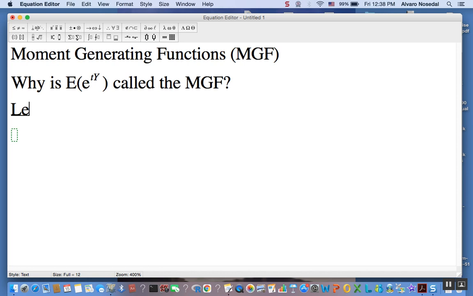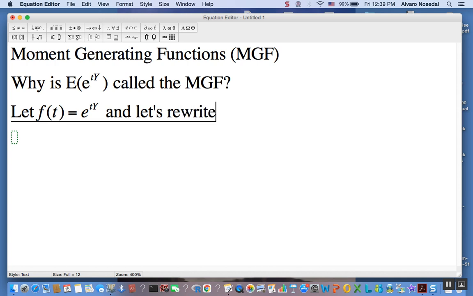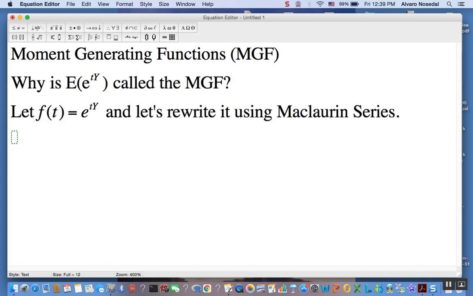So let f of t be that transformation as a function of t, and let's re-express or rewrite it using a Maclaurin series.